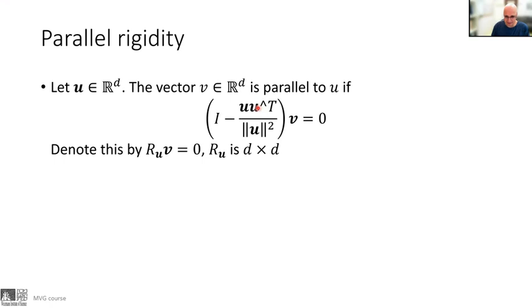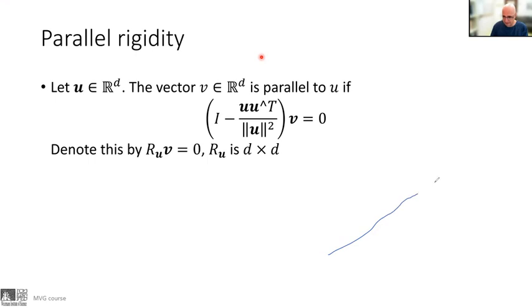So this is a projection matrix onto the subspace spanned by u. And identity minus this projection matrix will give you a projection matrix onto the space that is orthogonal to u. Is this clear? No. Okay, so I'm trying to write a matrix that will project a vector into the space that is orthogonal to u. So think of u as a line, and I take v, which is a different line, and I want to project it onto this line. Let me annotate.